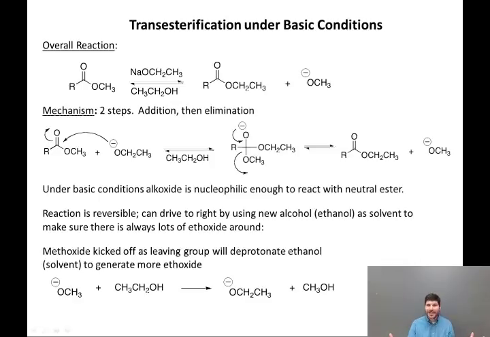That deprotonated ethanol then makes ethoxide, which is one of the reagents. So this process thus uses up methoxide as the byproduct, reactant D, product D, so to speak, by generating more ethoxide, the nucleophile, reactant B. Okay, so that's what will drive this reaction to completion.